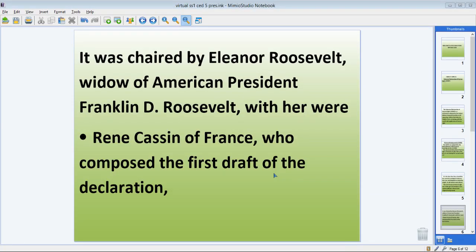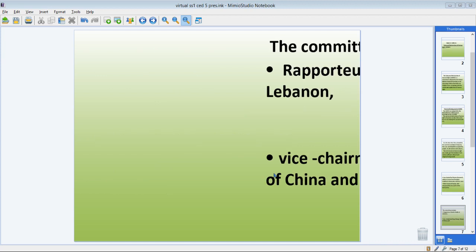This was chaired by Eleanor Roosevelt, widow of American President Franklin D. Roosevelt. With her was Rene of France, who composed the first draft of the declaration.